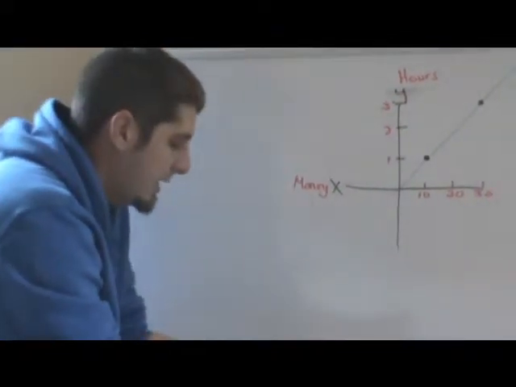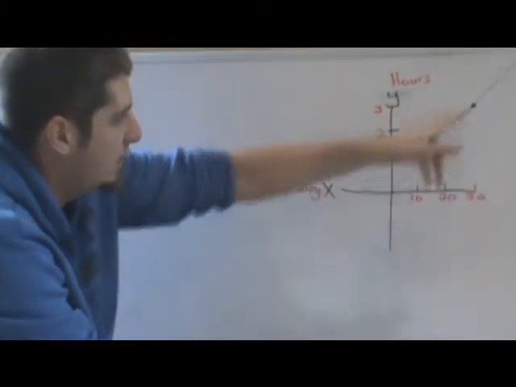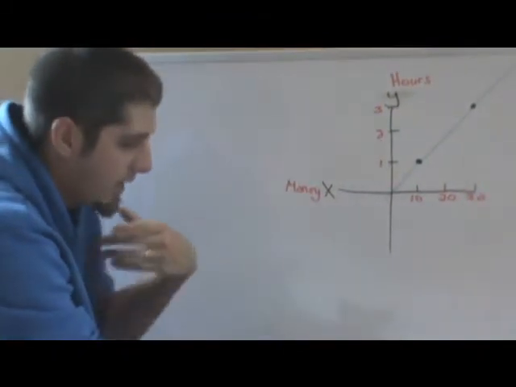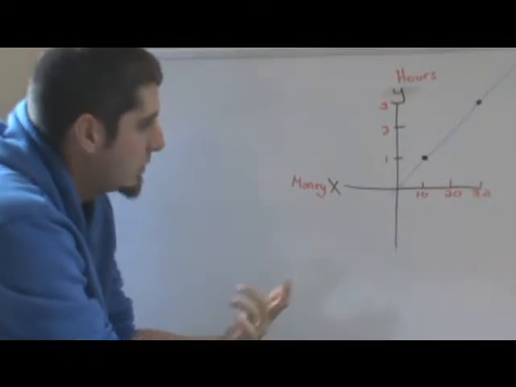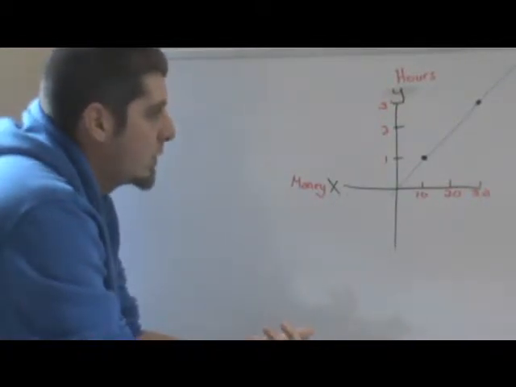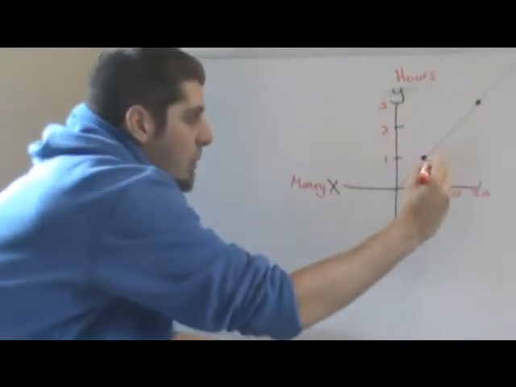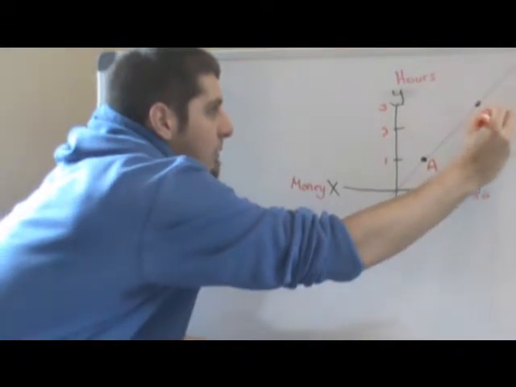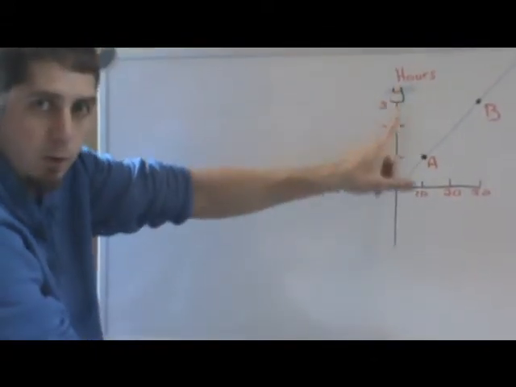So in this case, if you wanted to find the rate of change of this line, or the slope of this line, you would want to find the change in the vertical position over the change in the horizontal position. So when going from this point to that point, when going from point A to point B, how far up are we moving? That's the vertical change.